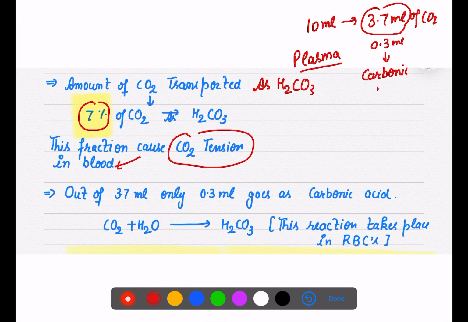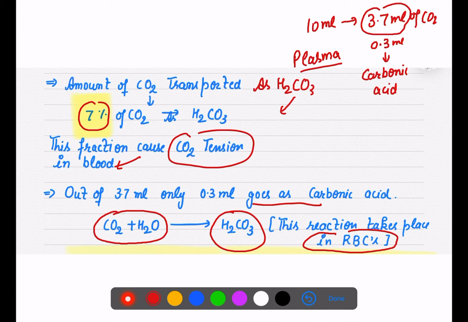That is how much plasma can transport as carbonic acid. The reaction of CO2 plus water forming carbonic acid does not happen in the plasma. This reaction takes place in the RBC, which we are going to see in the next step.